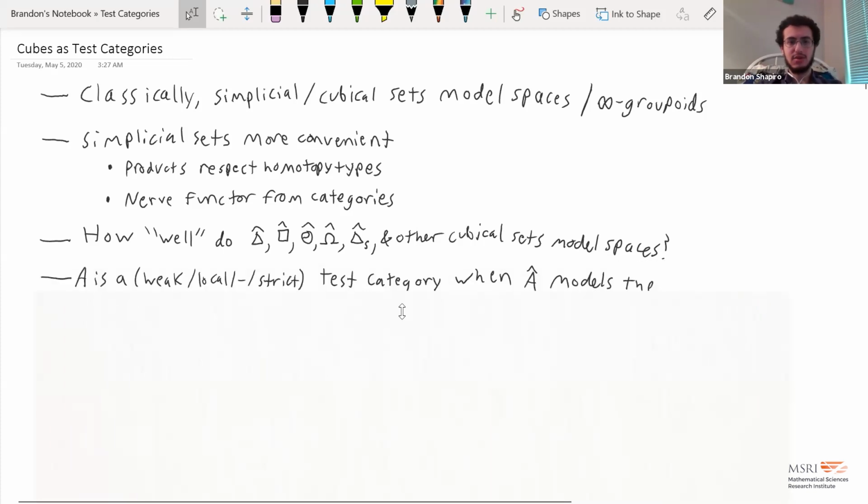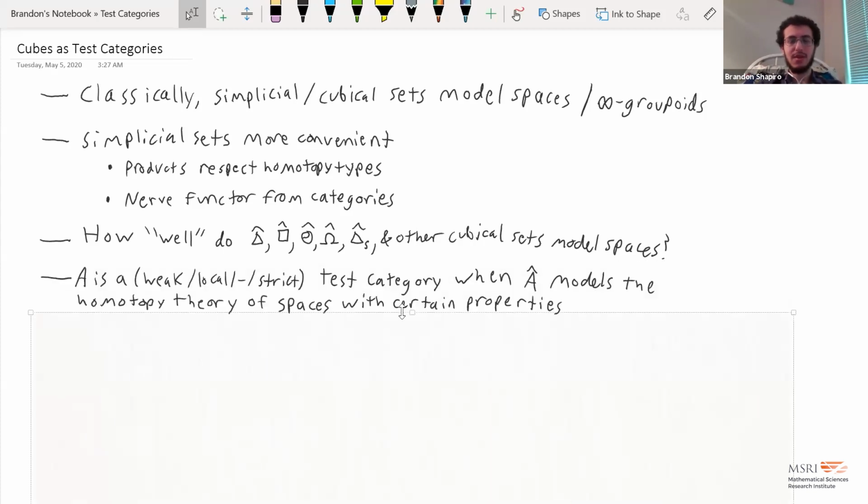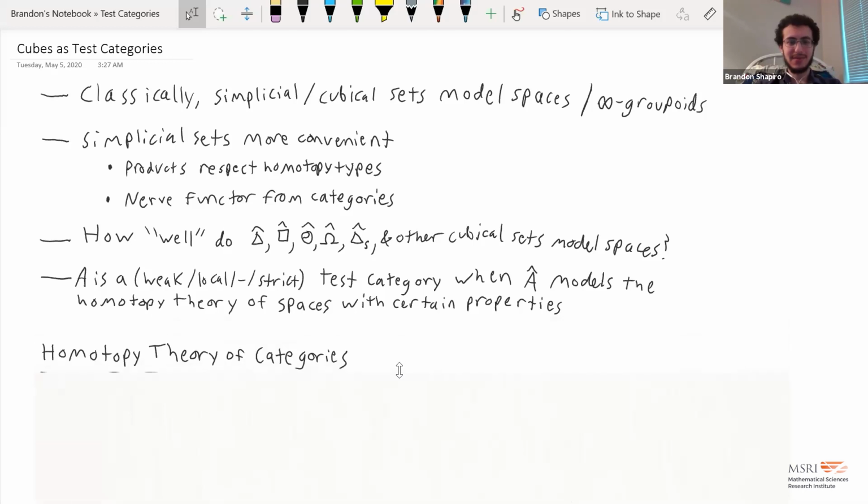And so Grothendieck came up with this notion of test category with various addenda to describe when presheaves over a category A is able to model the homotopy theory of spaces. And so the point of this talk will be to analyze when and how different cube categories are able to do this.